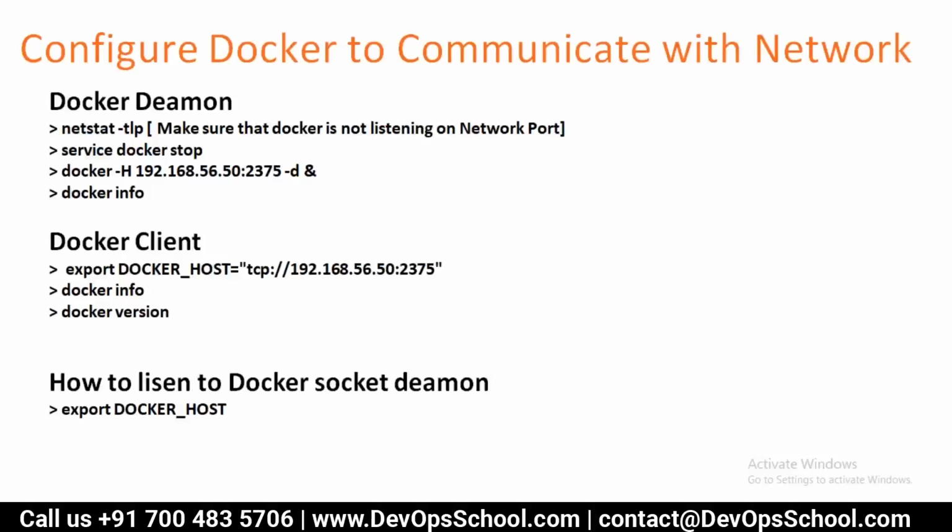You have to give the IP address and the port number, by default 2375. First of all, you have to run the Docker daemon not on localhost but on the IP address and port, and run it in the background. After that, you have to tell your client that this is your Docker daemon, which is running on a different machine. Okay, so that is the one thing.